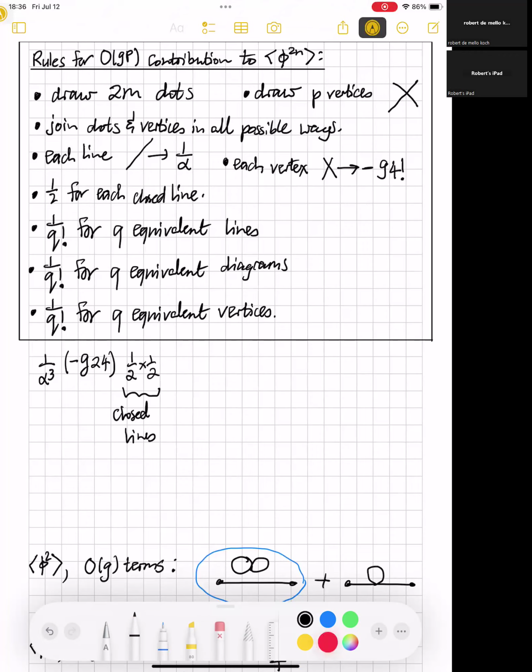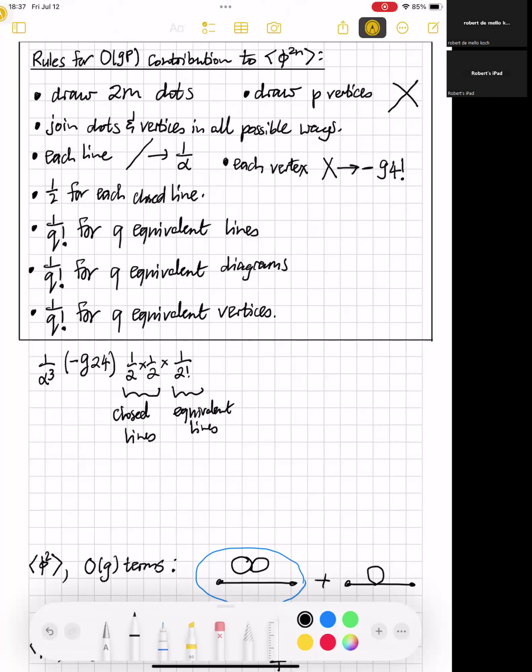How many lines have the same start and end point? Well, that red line starts on the vertex and ends on the vertex, and that gold line starts on the vertex and ends on the vertex. So we've got a total of 2 equivalent lines, so we will multiply by 1 over 2 factorial. And this factor is for equivalent lines.